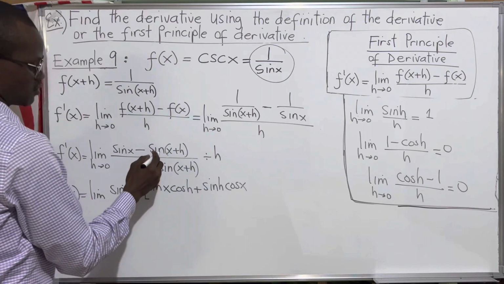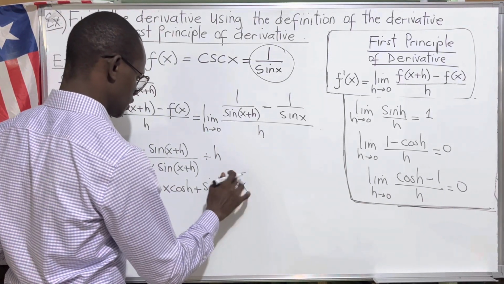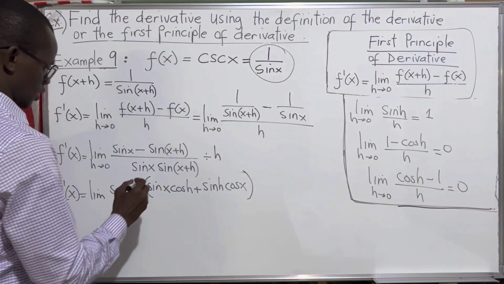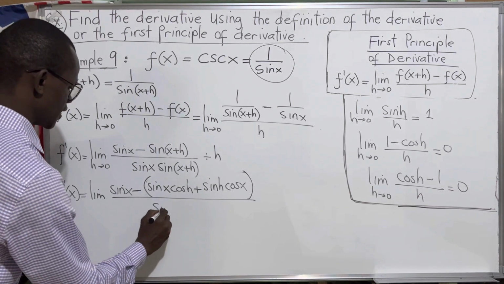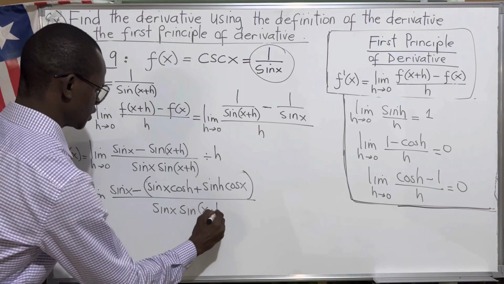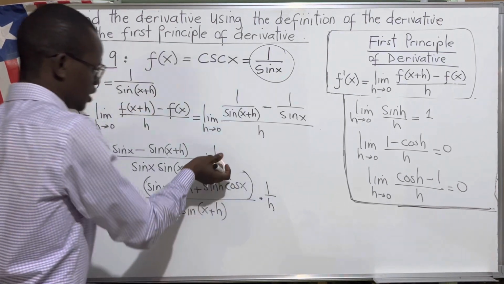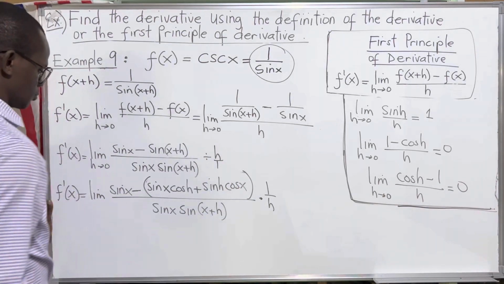So this is the expansion for sine of a sum. All divided by sine of x plus h times 1 over h. We can reciprocate this and then we change this sign to multiplication.